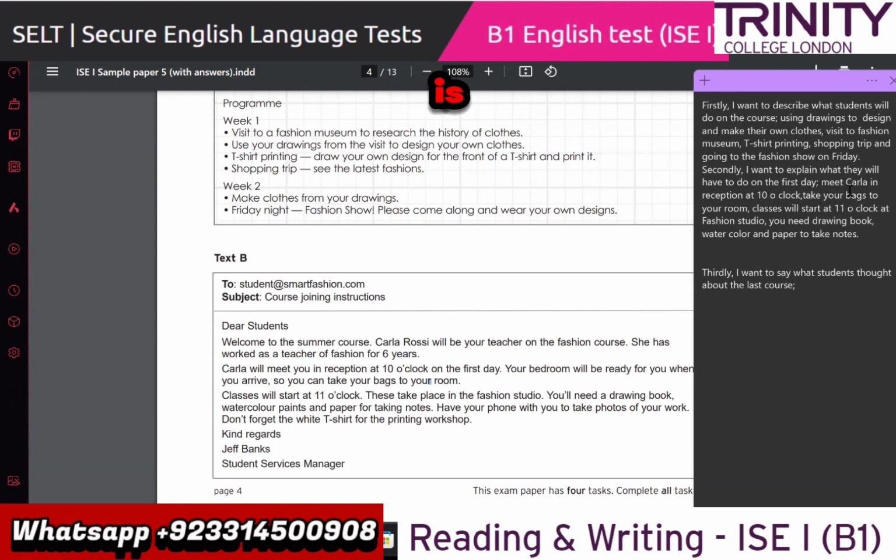And last one is have your phone with you, to take photos of work, and don't forget the white T-shirt. So I think we can write it like this: paper to take notes, phone, white T-shirt.